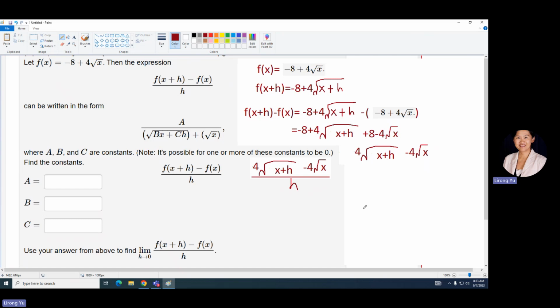We do this. This is equal to, I prefer to put the 4 aside, 4 times root of x plus h minus root of x, over h. So 4 will be an individual number to the side, if that makes it slightly easier. The simplification only happens here. You copy the 4; it will be combined later. So we're going to work on this one. We multiply by the conjugate.